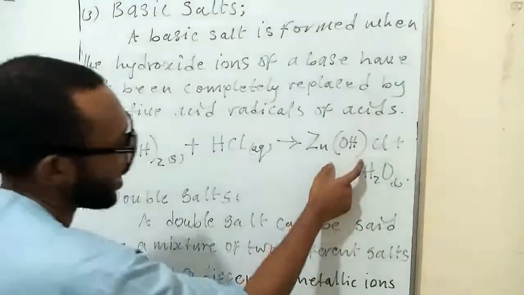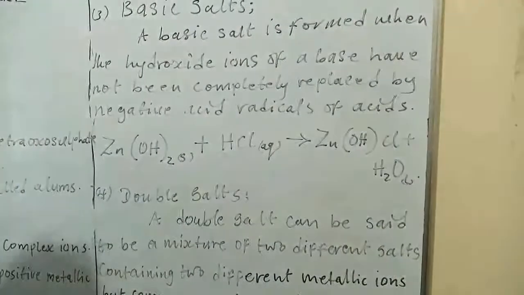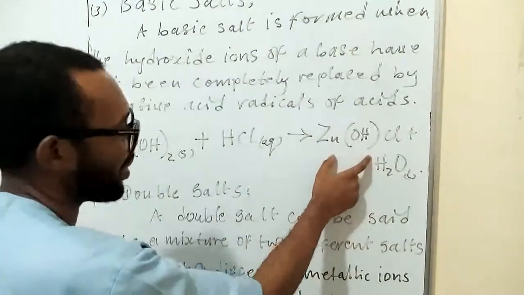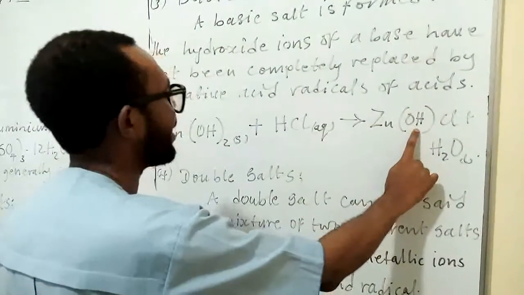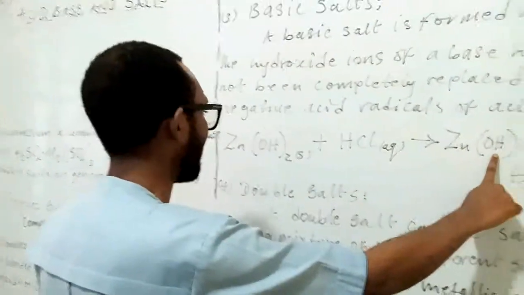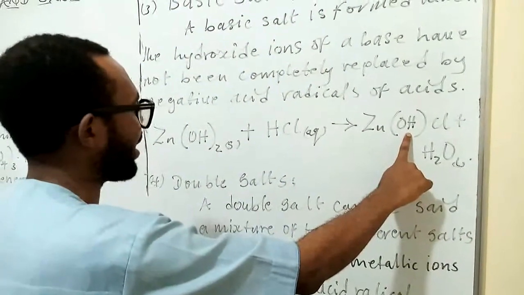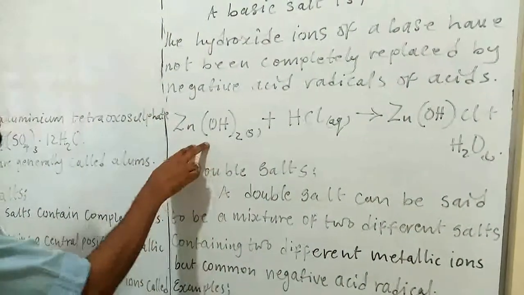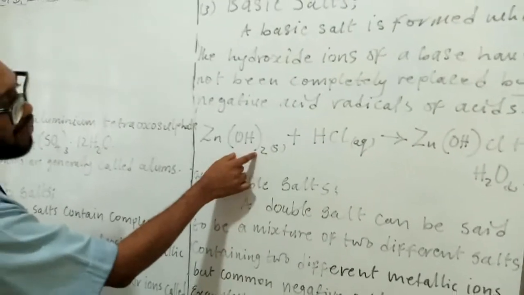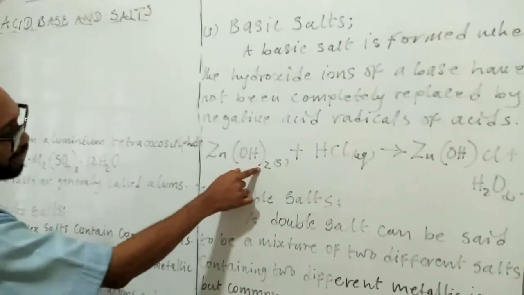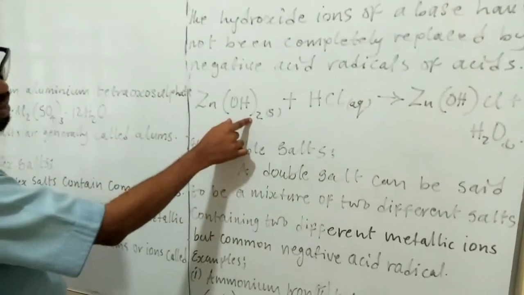This can be described as an acidic salt, but this can be described as a basic salt. Why? In the sense that it contains the hydroxide ion. Is that clear? It contains the hydroxide ion because the hydroxide ion was not completely replaced.